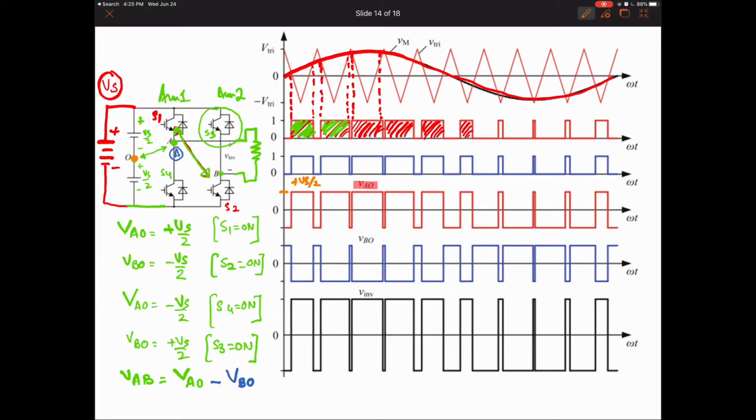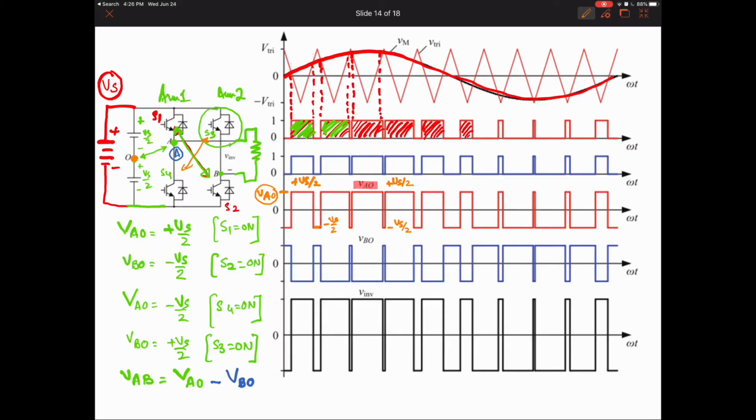When we turn off S1 and S2, the other pair S3 and S4 will be turned on. Because switch S4 is turned on, the voltage at point A will be minus Vs by 2 with respect to point O. So pole voltage will be varying between plus Vs by 2 and minus Vs by 2. This is the pole voltage VA0.